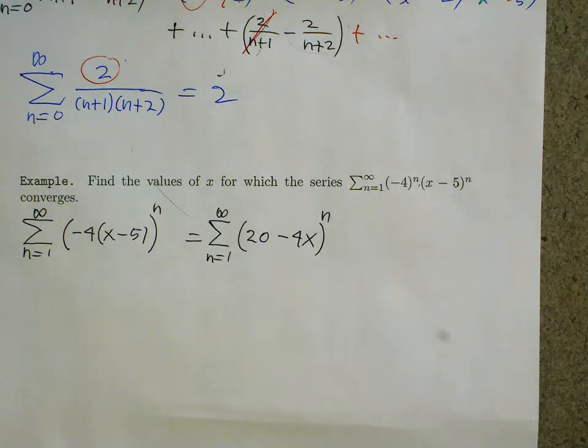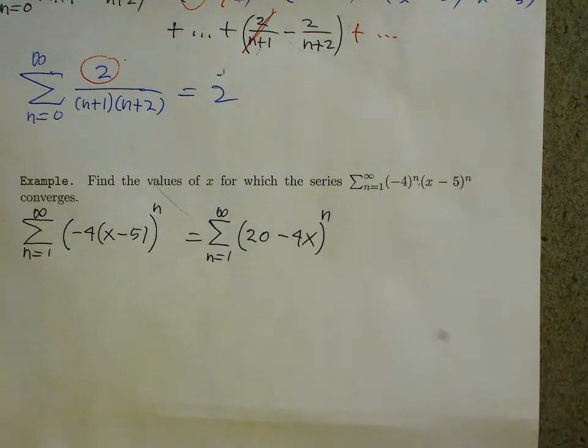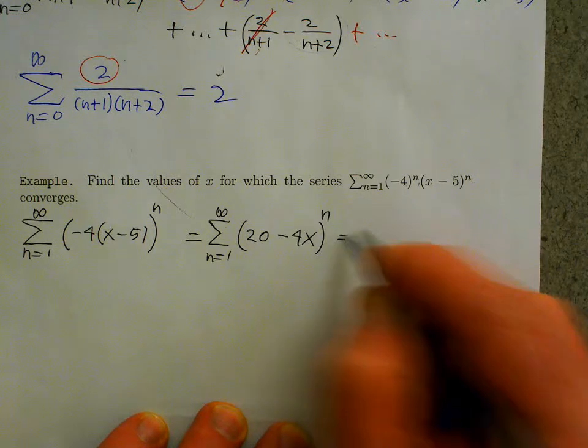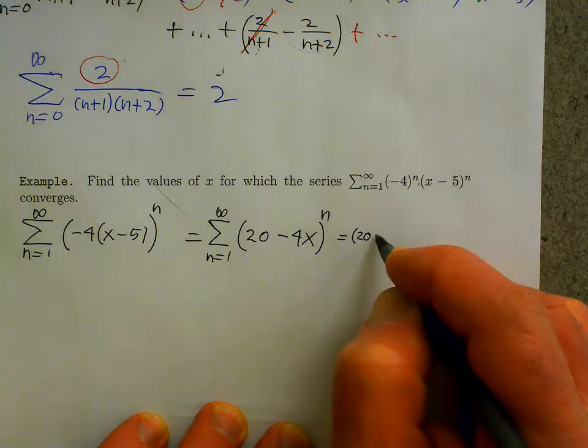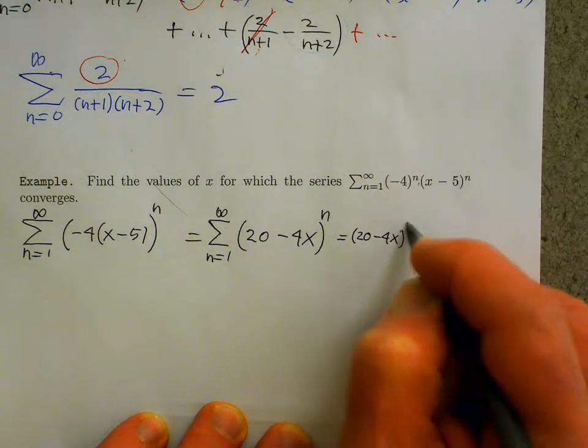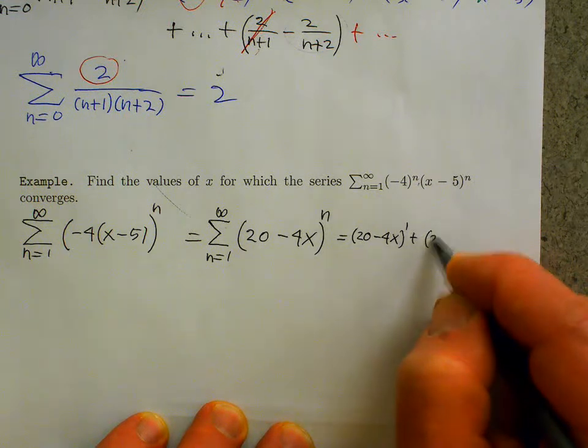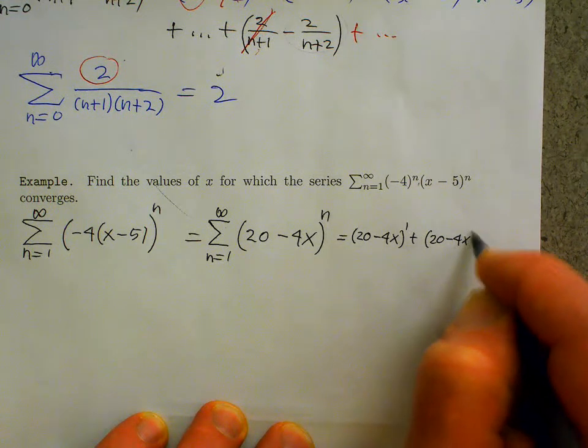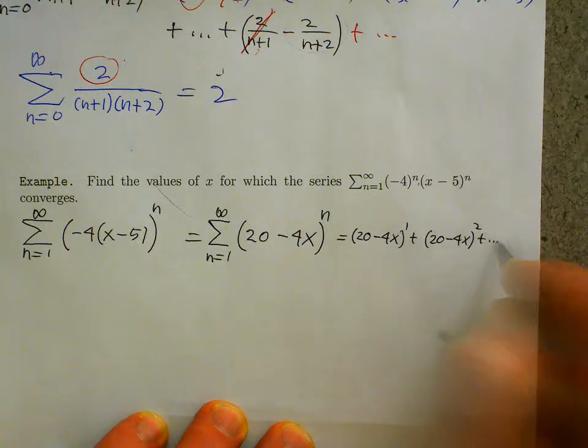Okay, so if this is a geometric series, the common ratio, right, if you were to write out the first few terms, you'd get (20 minus 4x) to the first plus (20 minus 4x) to the second, and so on, right?